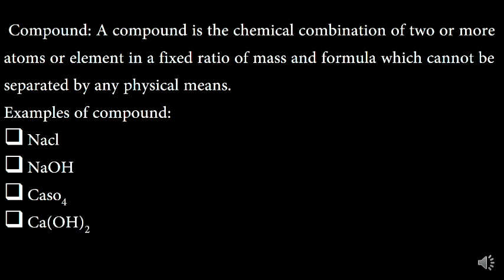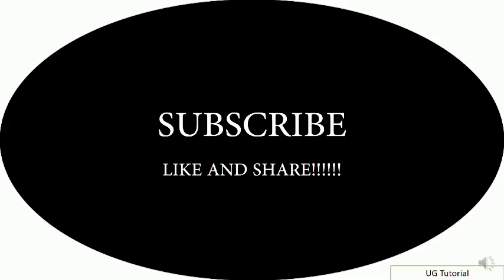Then we have Ca(OH)2, and so on. There are a lot of compounds, mixtures, and elements everywhere. I know for sure that there are over 100 elements, and there are still more to be discovered.